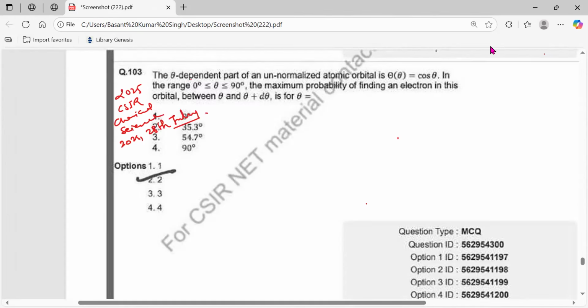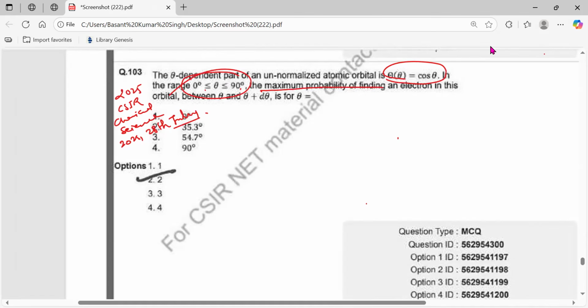Now, in this question, we are given a function cos theta, and I have to find the maximum probability within the range 0 to 90 degrees.